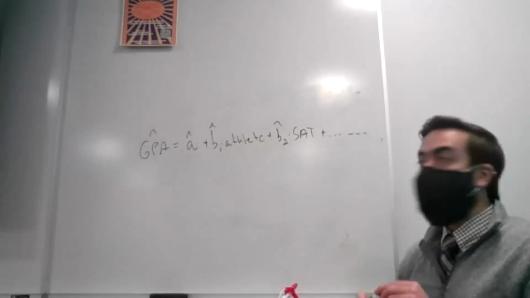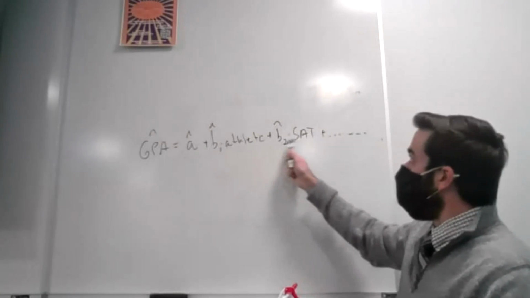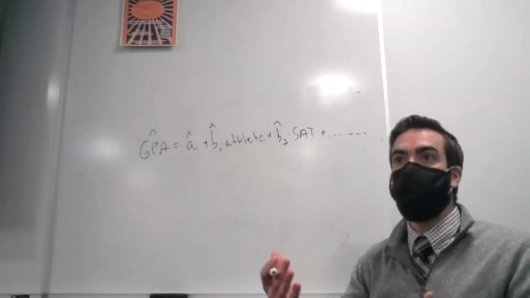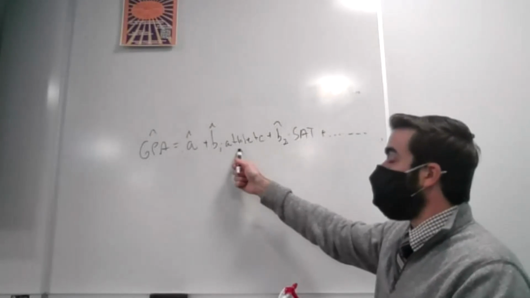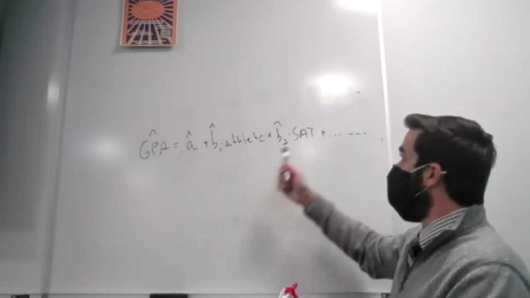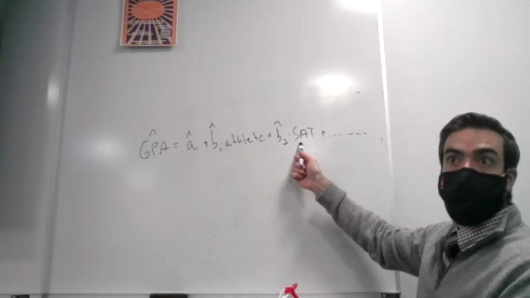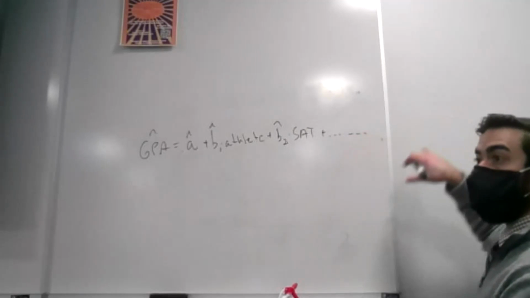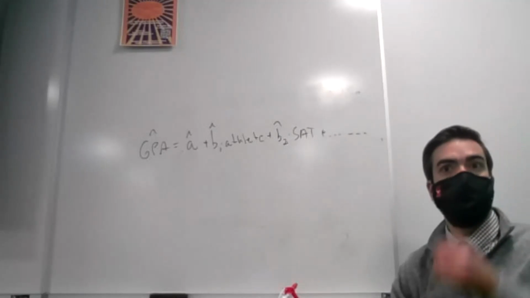Once I have numbers for all these things, I could come up with a prediction for any one individual by saying, is the student an athlete or not? If they were, put a 1 in here. If not, put a 0. Plug in that student's SAT score, plug in their values for every other variable, and I could come up with their predicted GPA.